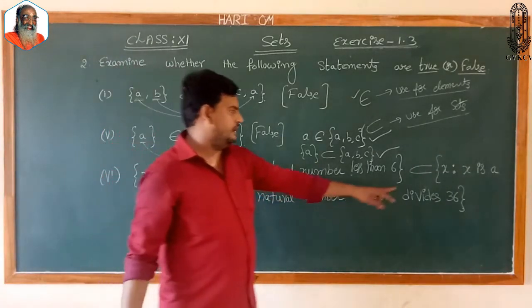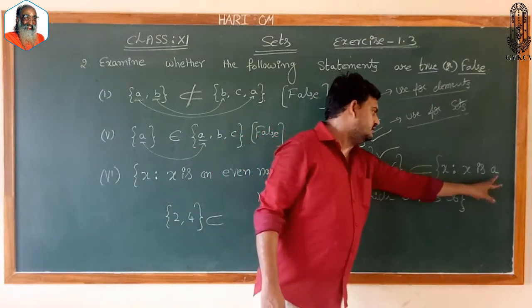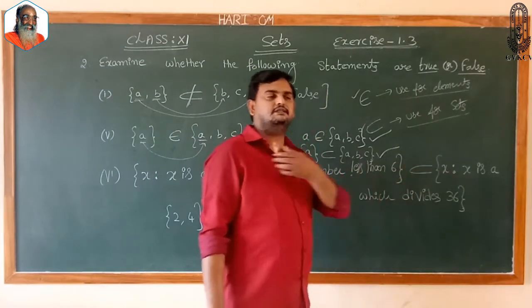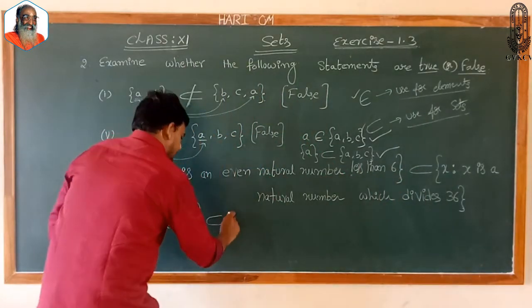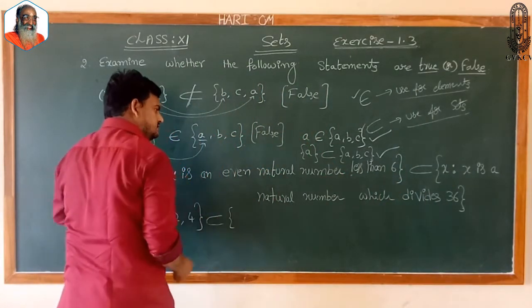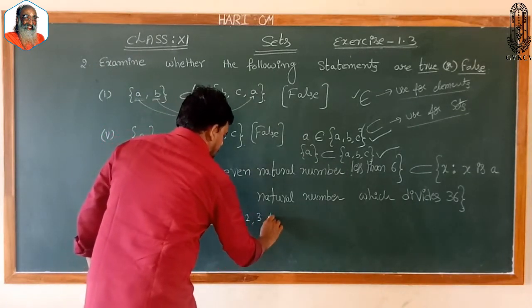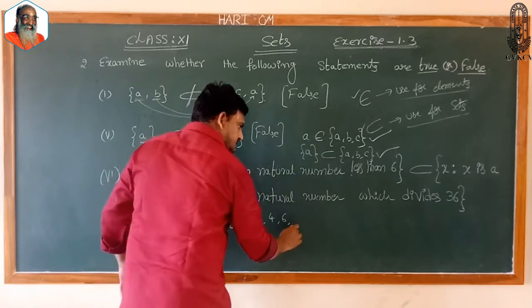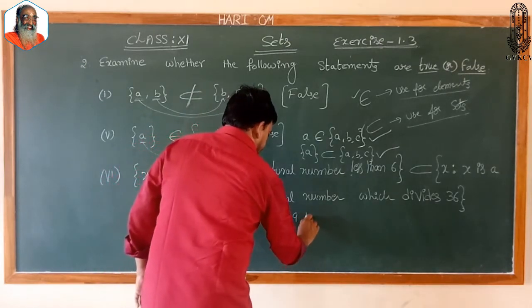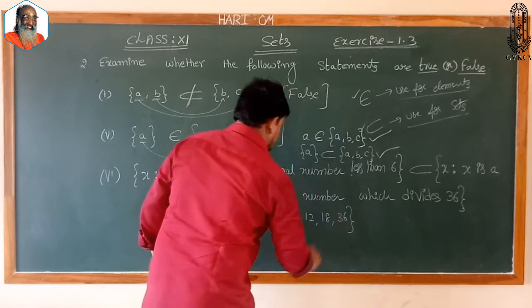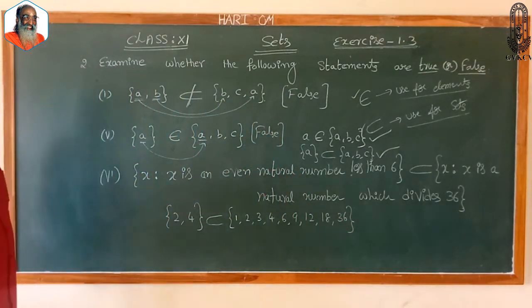Next, x such that x is a natural number which divides 36. What are the divisors of 36? 1, 2, 3, 4, 6, 9, 12, 18 and 36. These are the divisors of 36.